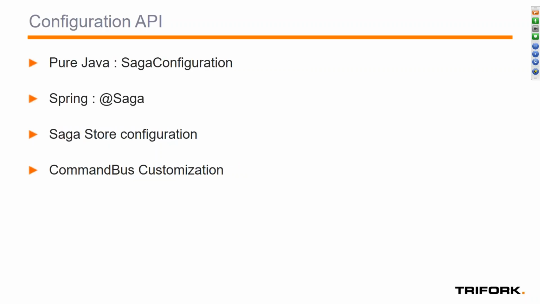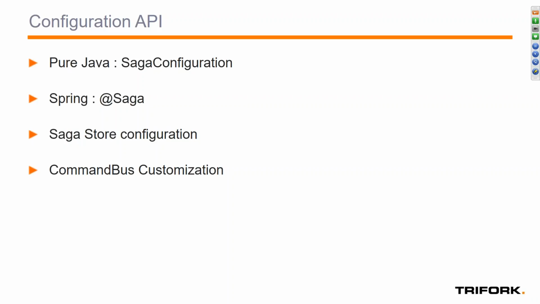And then lastly, we have looked at the new Axon 3 configuration API, both in the pure Java sense using the Saga configuration class that we can register as a module with our main configuration, or in Spring, where you can use the @Saga annotation to tell Spring that a specific class defines a Saga.